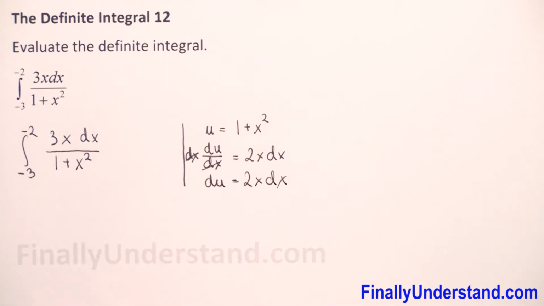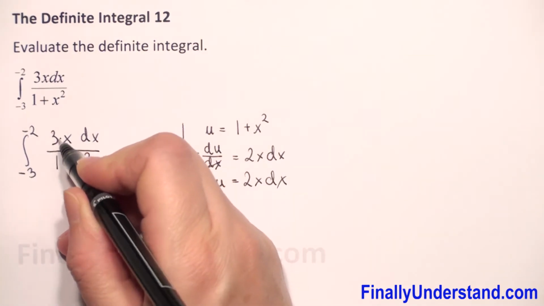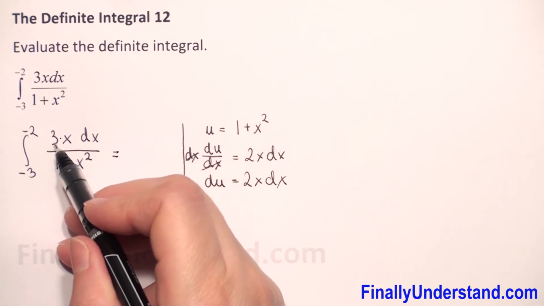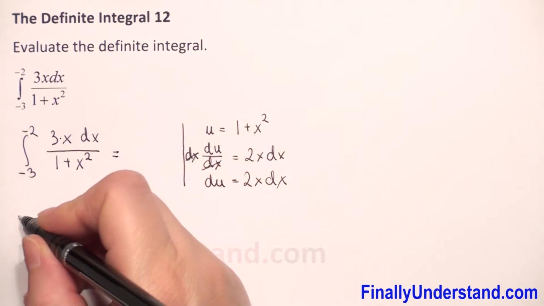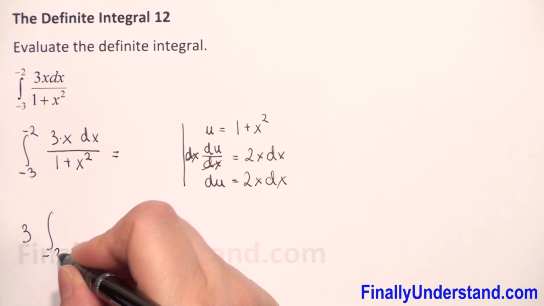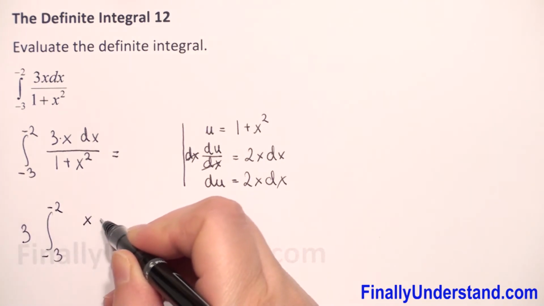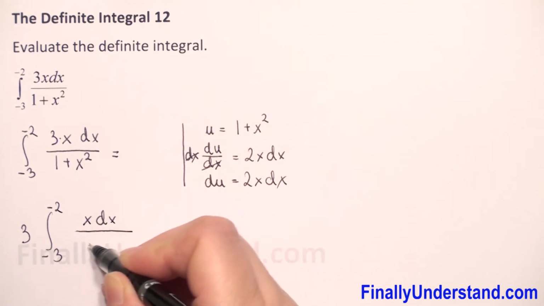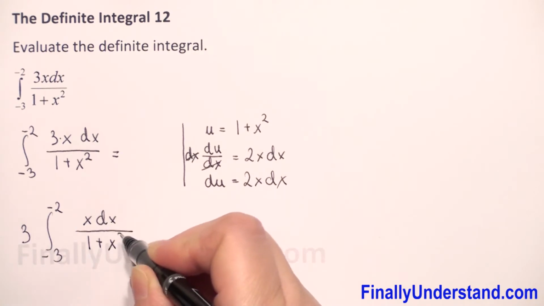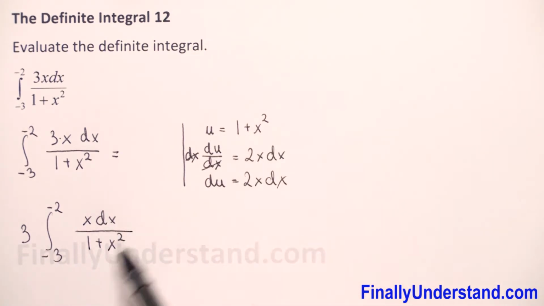Let me first rewrite our integral because we have multiplication here and we have a constant. It means we can take this constant before the integral symbol, so it will be 3 times the integral from -3 to -2 of x dx over 1 plus x squared. We put that u is equal to 1 plus x squared, so we have u in the denominator.